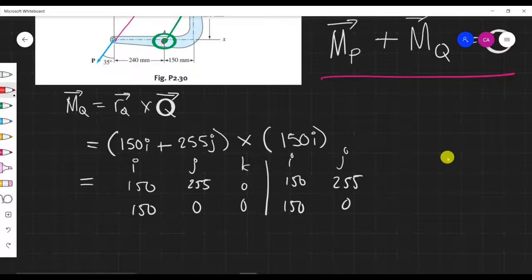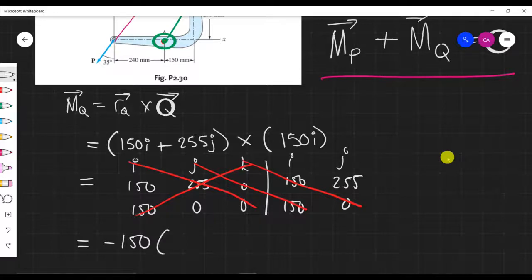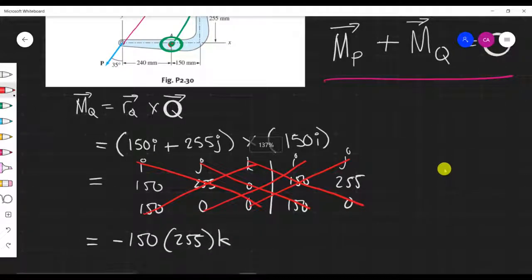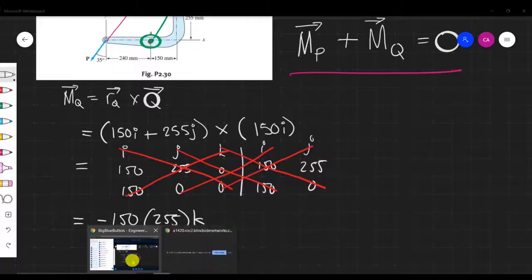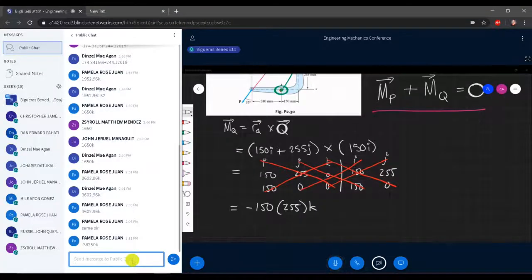So, 0, 0, 0, merong value. Okay? So, ang value niya is negative 150 times 255K. Pa-compute yung MQ. Thank you. Ano ang value? Negative 3825. Tama ba?